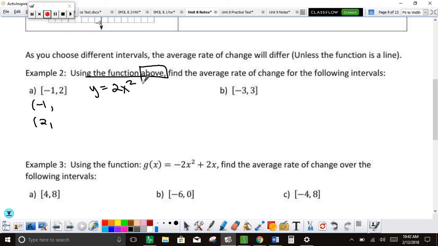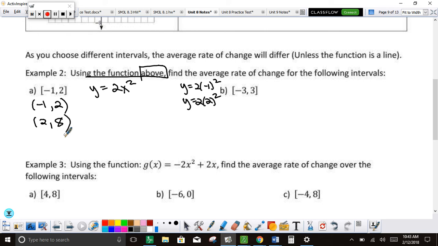If I want to plug in a negative 1, what would I get? -1 squared is 1, 2 times 1 is 2. If I plug in a 2, I get 8. So all I'm doing here is using my equation to get an xy pair.